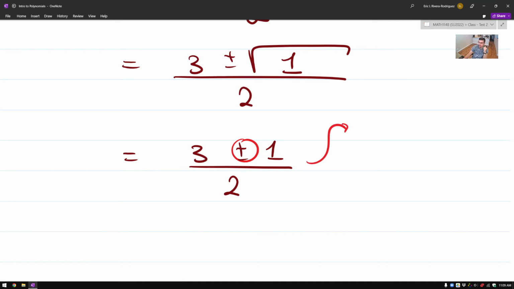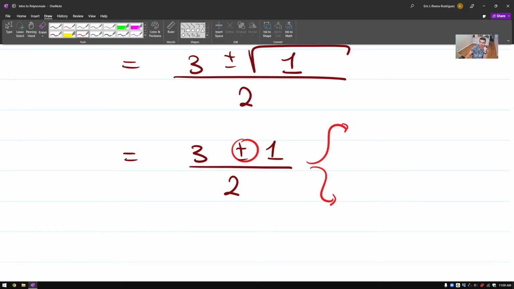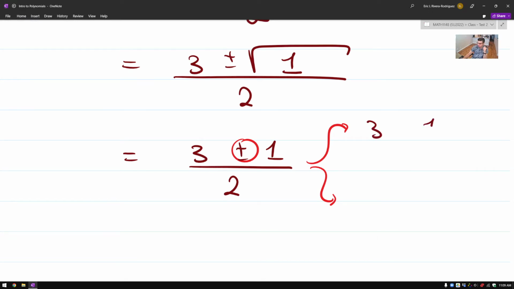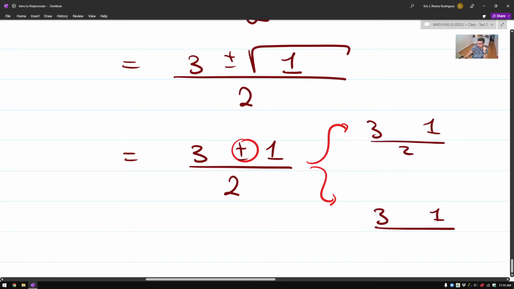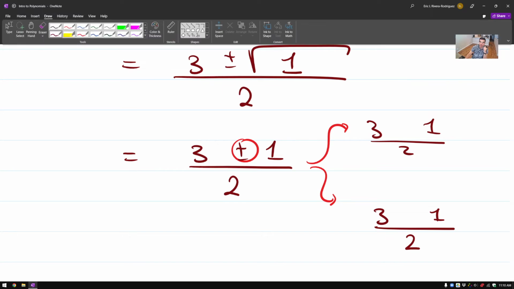This means that we're going to get two values. We got the value with the plus and we got the value with the subtraction.